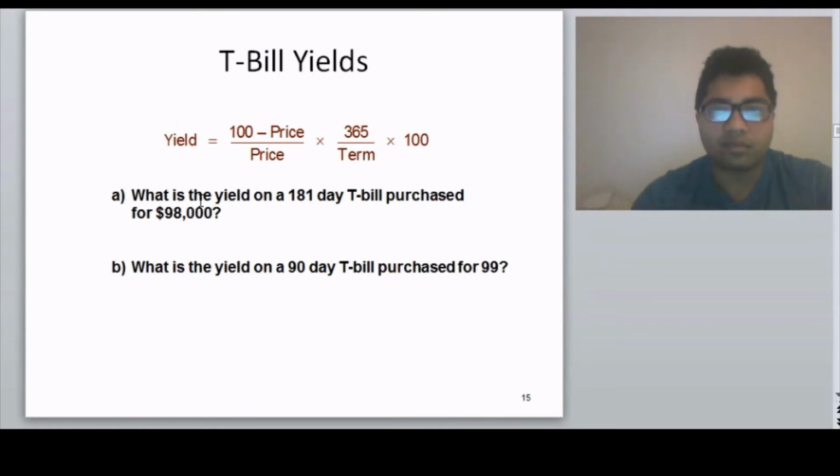Okay. For example, they have given a 181-day T-bill purchased for 98,000. Now, 98,000 means everything should be brought to a multiple of 100. So 98,000 will be 98, because if 98,000 is the price you pay, the face value is 100,000. So if you scale it to 100, it will be (100 minus 98) divided by 98. Term will be 365 divided by 181, multiplied by 100.